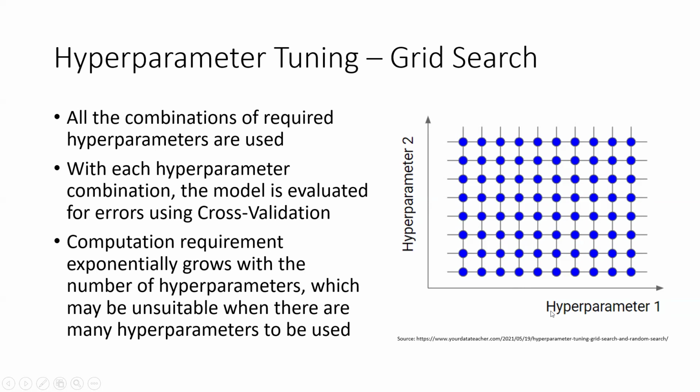For example, hyperparameter 1 is the learning rate, hyperparameter 2 is the regularization constant, right? So learning rate 0.05 with some regularization value may be the optimum value.